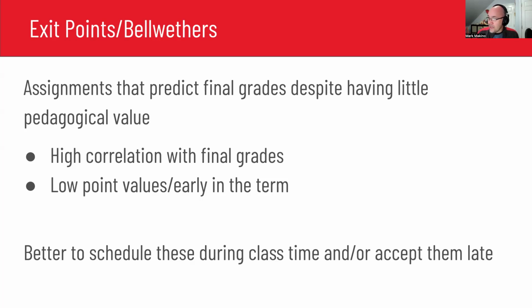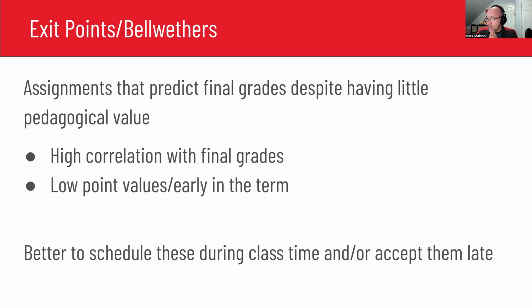In my courses, exit points are assignments that are very predictive of final grades, even though they shouldn't necessarily be. Like they're not worth a ton of points, or they're very early in the term, and they're predicting final grades just because either a student who does them tends to do well on most assignments, and that's not really an exit point, it's more like a bellwether. That's why this other term is up here.